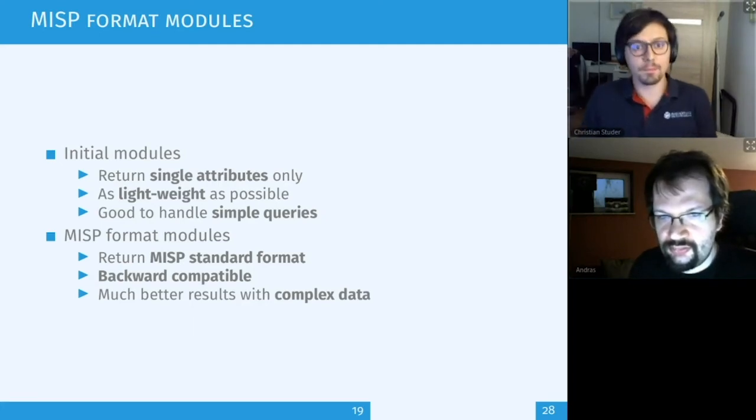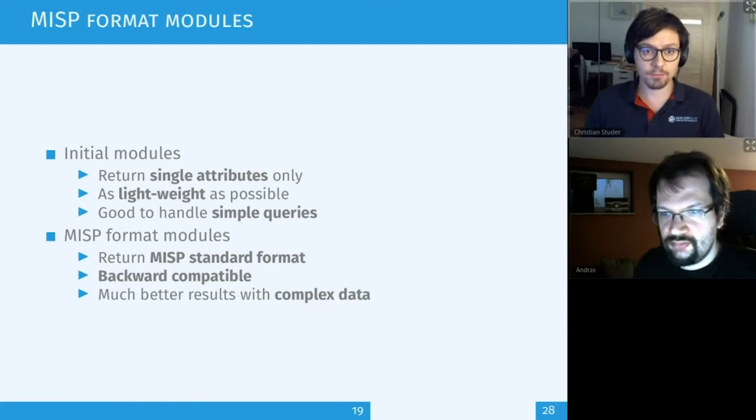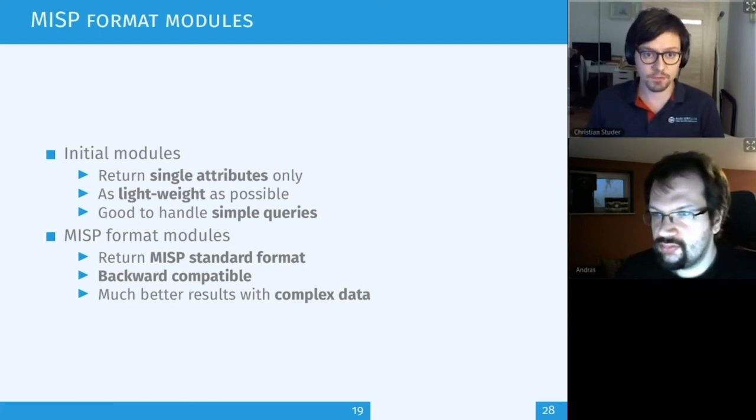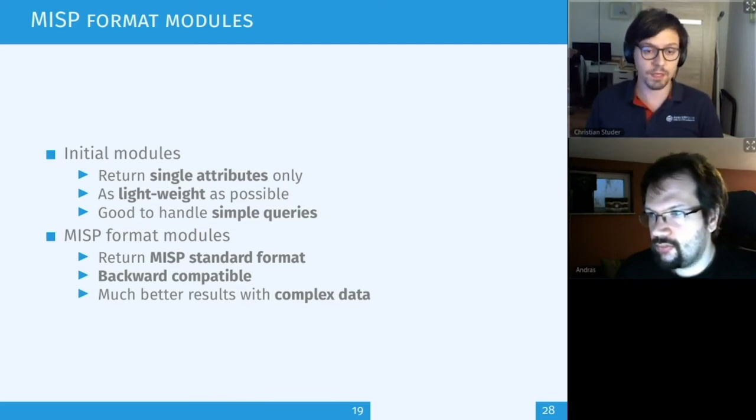With MISP, we have a module system providing autonomous Python modules that can be used to either extend data that is already in MISP or populate your MISP events with some data to import. Those modules have always been very lightweight pieces of code, handling simple queries and returning single MISP attributes to add to an existing event. But at some point, we realized the simple input and output model we used since the beginning of the MISP modules would be blocking us in parsing some more complex queries.